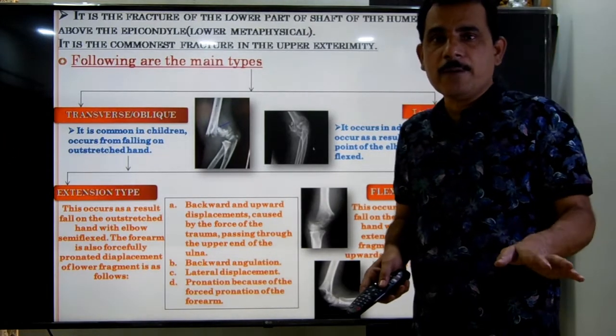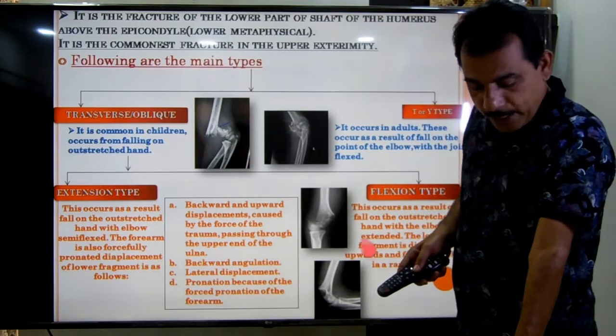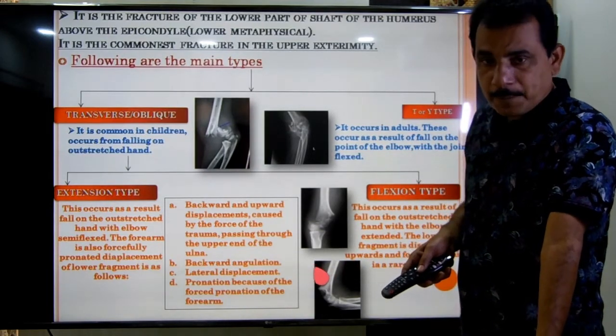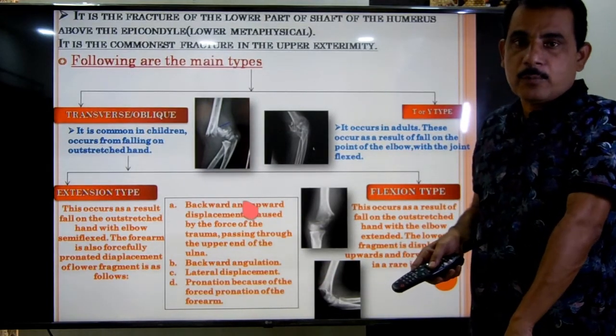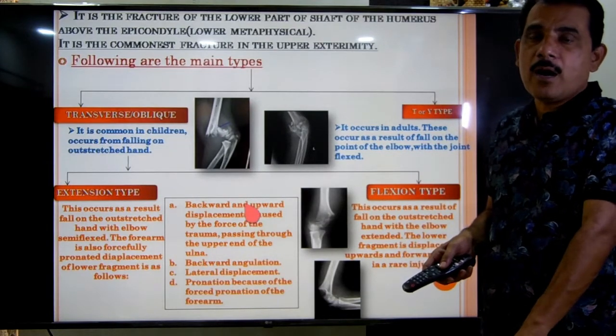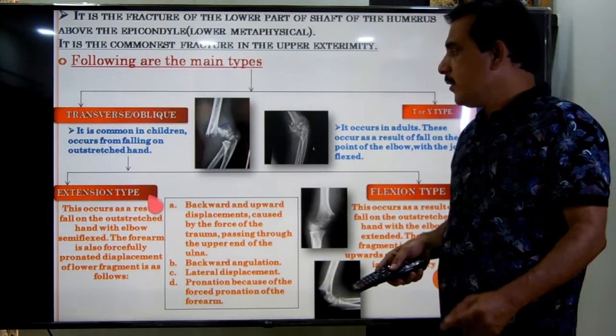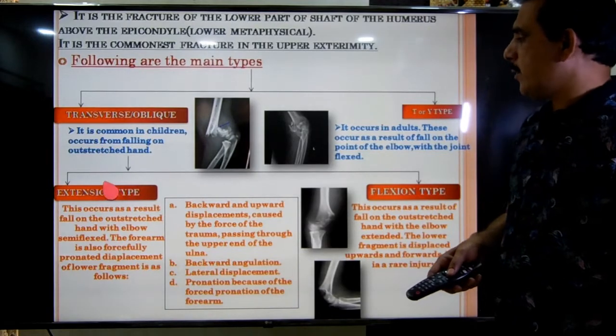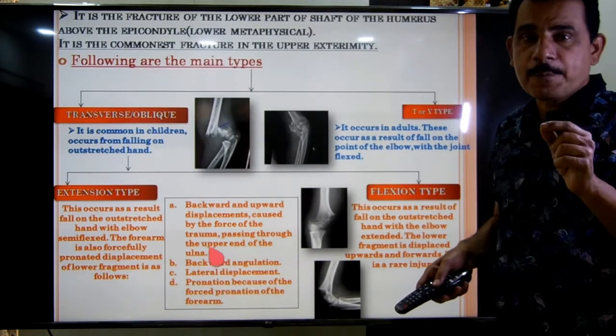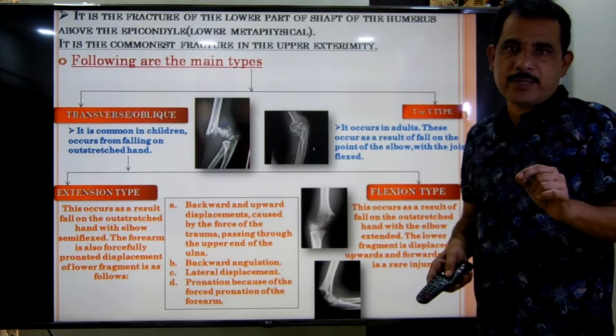When the child falls on the semi-flexed elbow, there is a forceful pronation of the forearm. When the fracture occurs, displacement of the lower fragment takes place.